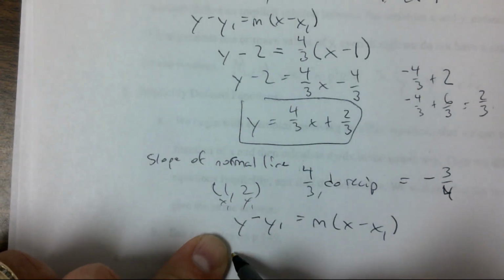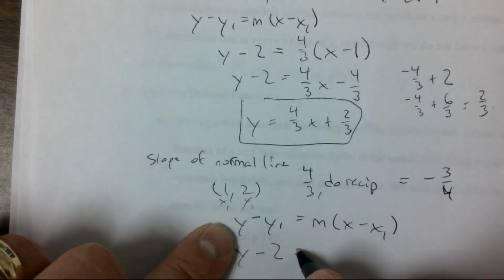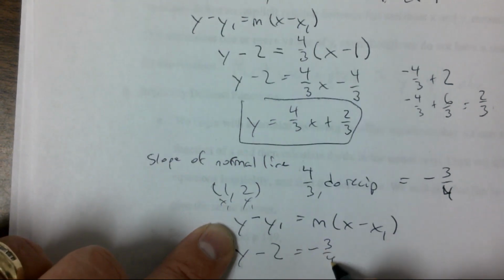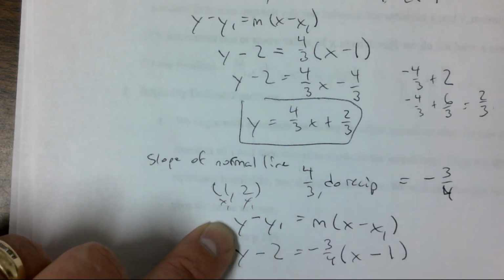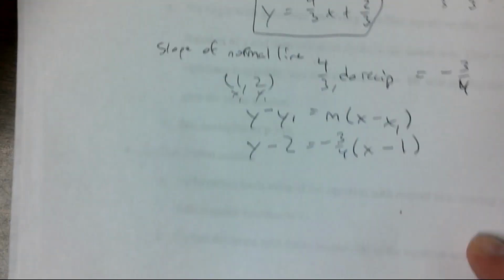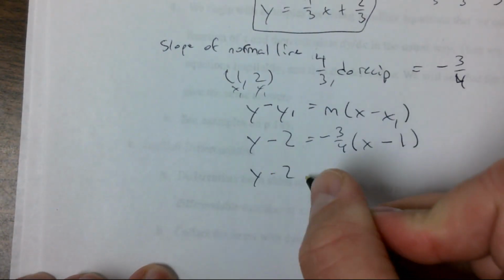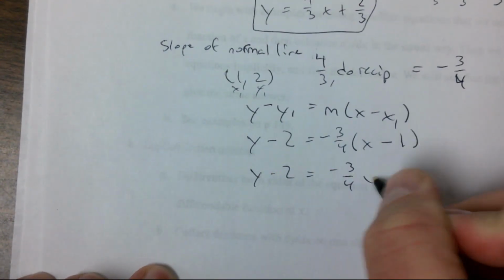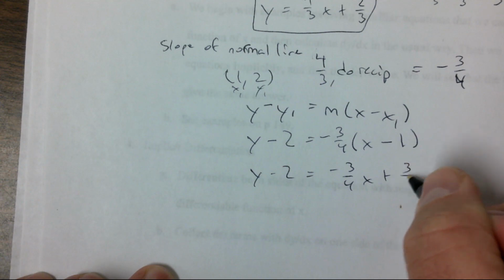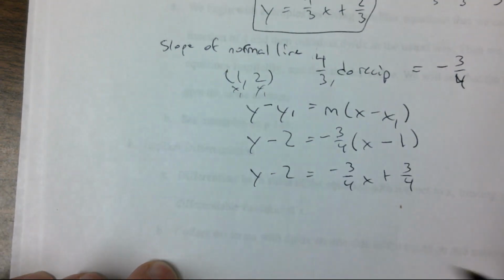So this is y minus 2 equal negative 3/4 times x minus 1. So then from there, y minus 2 equal negative 3/4 x plus 3/4, and then we have to add 2.